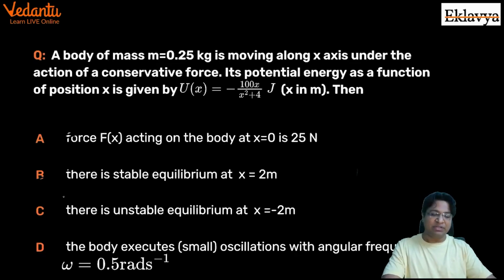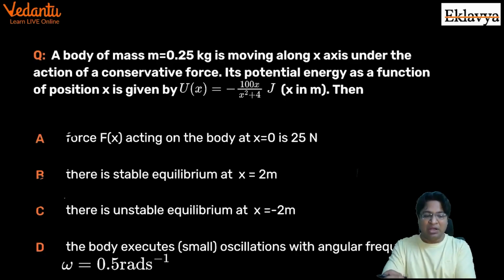And when you substitute x as minus 2 point something, you will get a negative value of force. So yeah, it is unstable, because if we shift rightward from this position, we get a rightward force which will take the particle away. If we shift leftward, we get a leftward force which will again take the particle away. So it is unstable equilibrium. So even this part is correct.